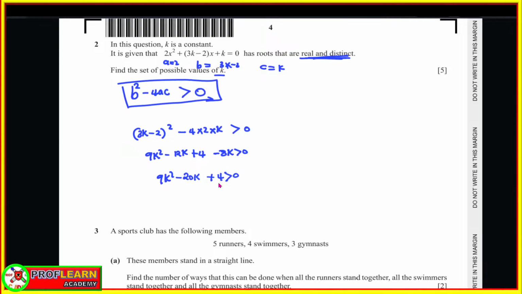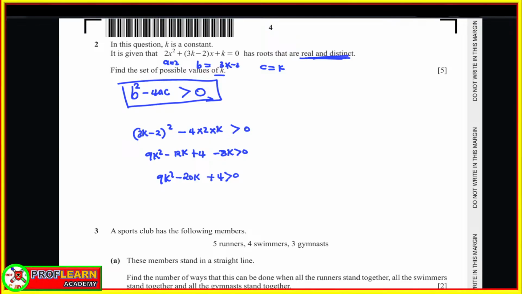The first thing you are going to do is to find the principal values of k. The principal values of k are going to be what?